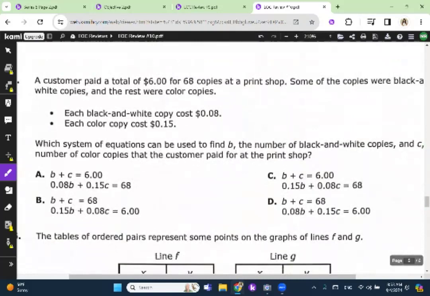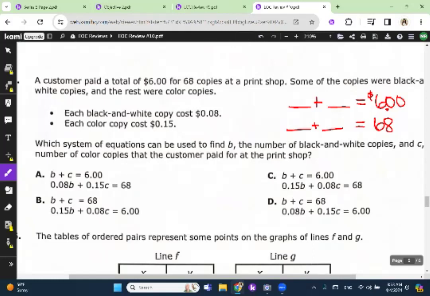Writing equations. Yay. First, find your two totals. What are your two totals? $6.68 for copies. All of my answer choices have a 6 and 68 at the very end.